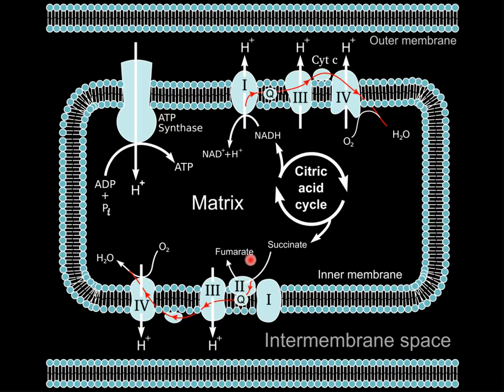So for every FADH2, you only have complex 3 pumping protons and complex 4 pumping protons. For every NADH, you have complex 1 plus 3 and 4. Does that make sense why you have more for NADH than FADH2? Essentially, the electrons from both will cause pumping across at complex 3 and 4. But only NADH also gets you the pumping across at complex 1.